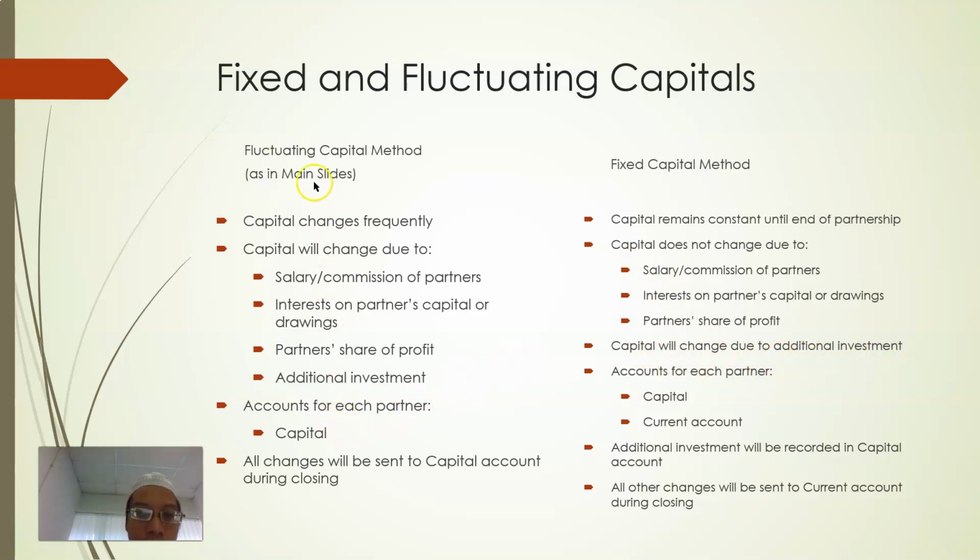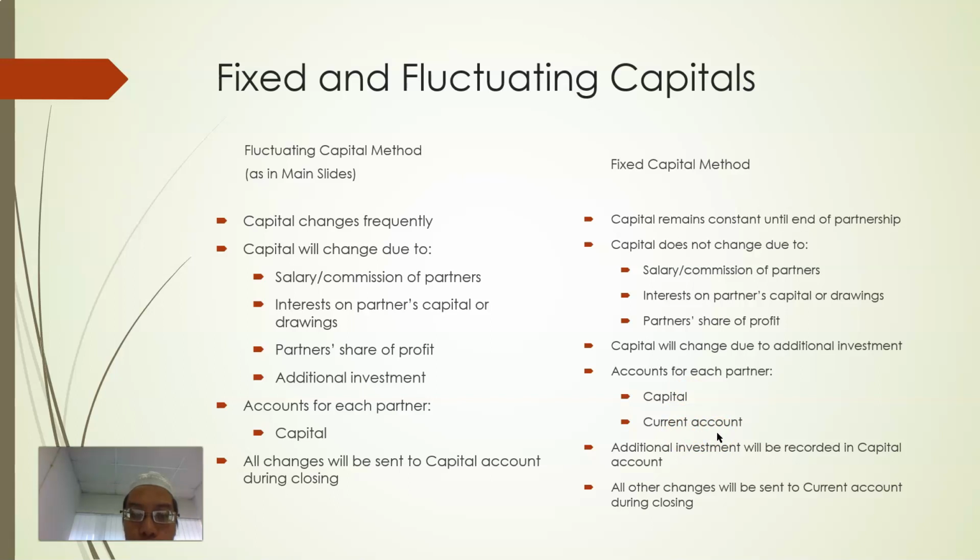Under the fluctuating capital method, there is one account called the capital account allocated for each partner. So if the business has 4 partners, then there will be 4 capital accounts as shown in the balance sheet. However, under the fixed capital method, each partner not only has one capital account, but also a current account.